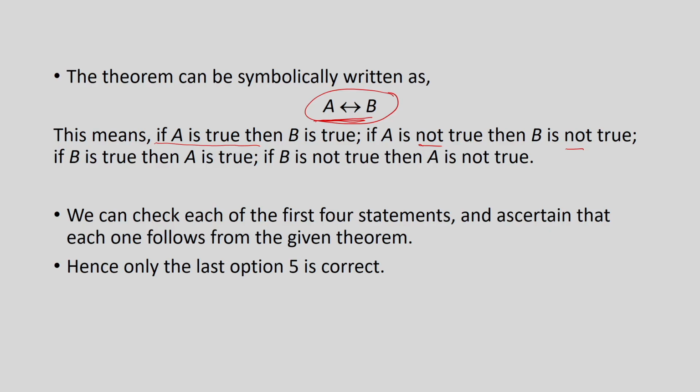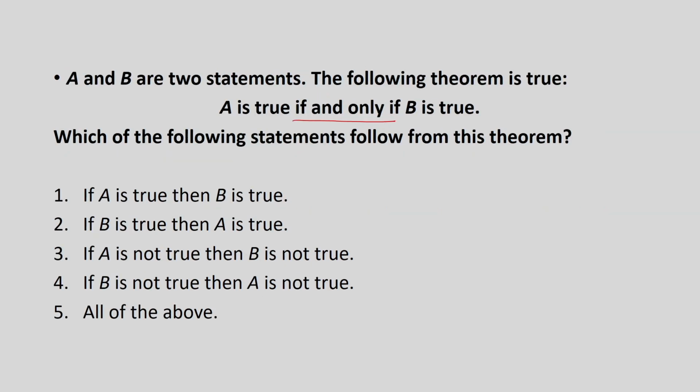We can check each of the first 4 statements and ascertain that each one follows from the given theorem. Hence, only the last option 5 is correct, right. So, you can check: if A is true, then B is true, that is A implies B. If B is true, then A is true, that is B implies A. If A is not true, then B is not true, that is A is necessary for B. If B is not true, then A is not true.